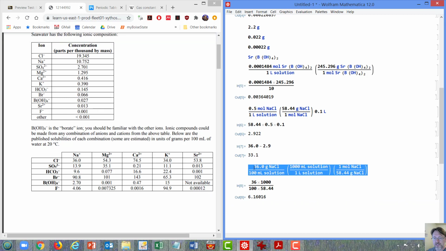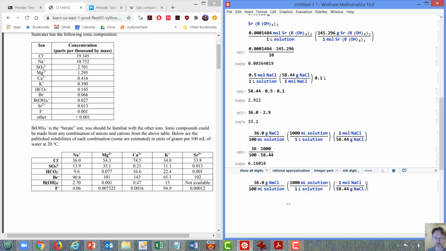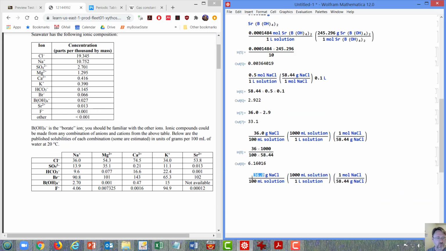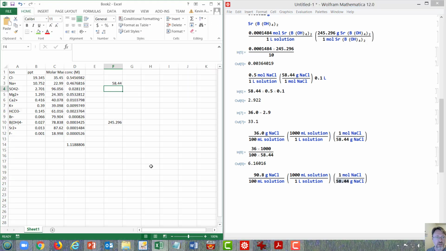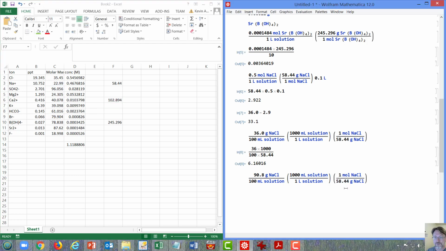Now we want to do exactly the same thing for the sodium bromide case. The solubility from the table is 90.8. That's the same. Our molar mass is different. So we're going to come over here. The sodium bromide molar mass is going to be equal to the sodium molar mass plus the bromide ion molar mass, 102.894.